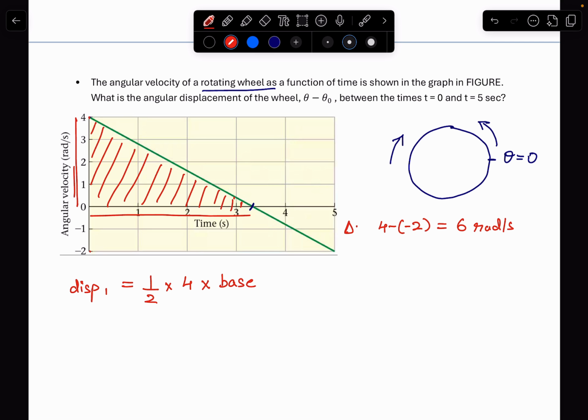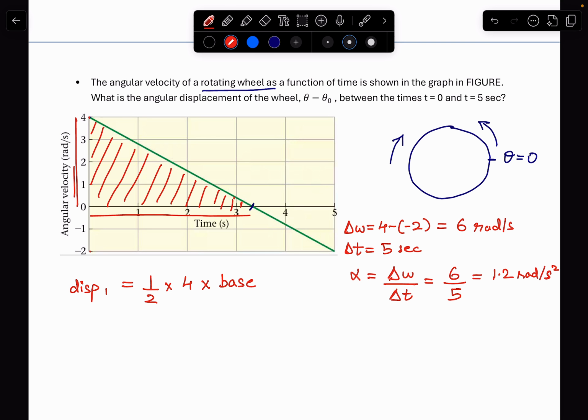This is delta omega, and the delta t was 5 seconds. So let's calculate the alpha. Alpha is delta omega by delta t, so 6 by 5. This is equal to 1.2 radians per second squared.